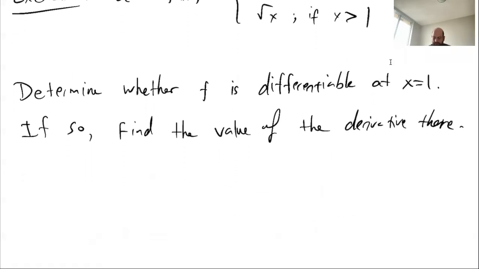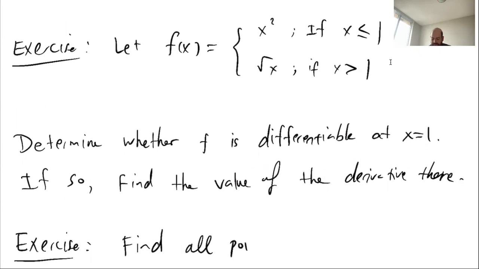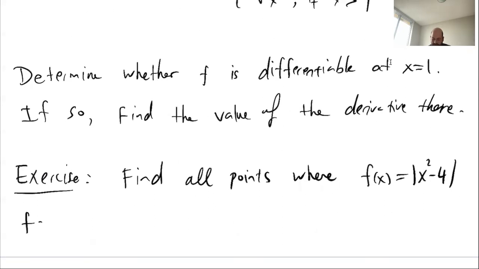Okay, so next exercise. Find all points where f of x equals the absolute value of x squared minus 4 fails to be differentiable.